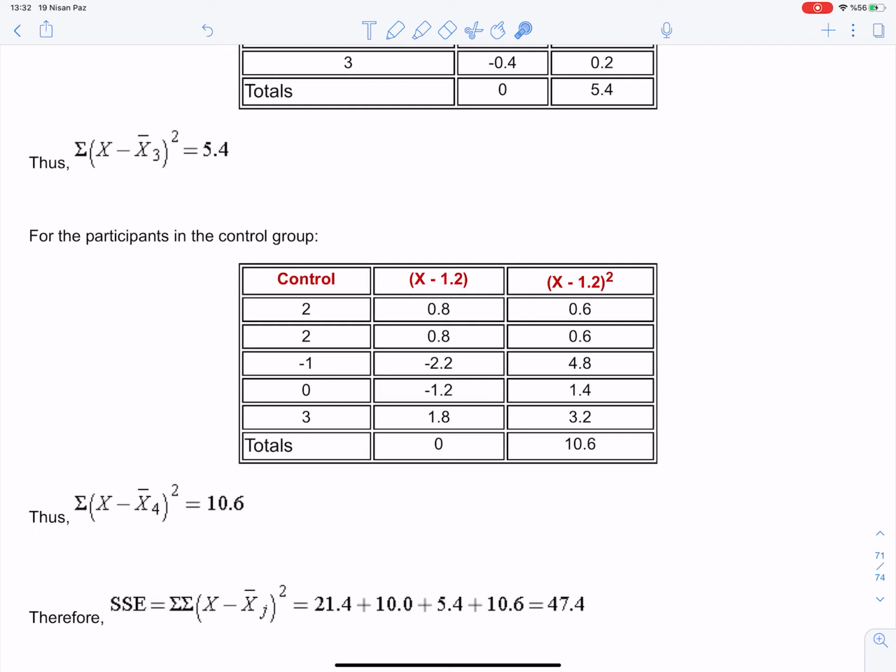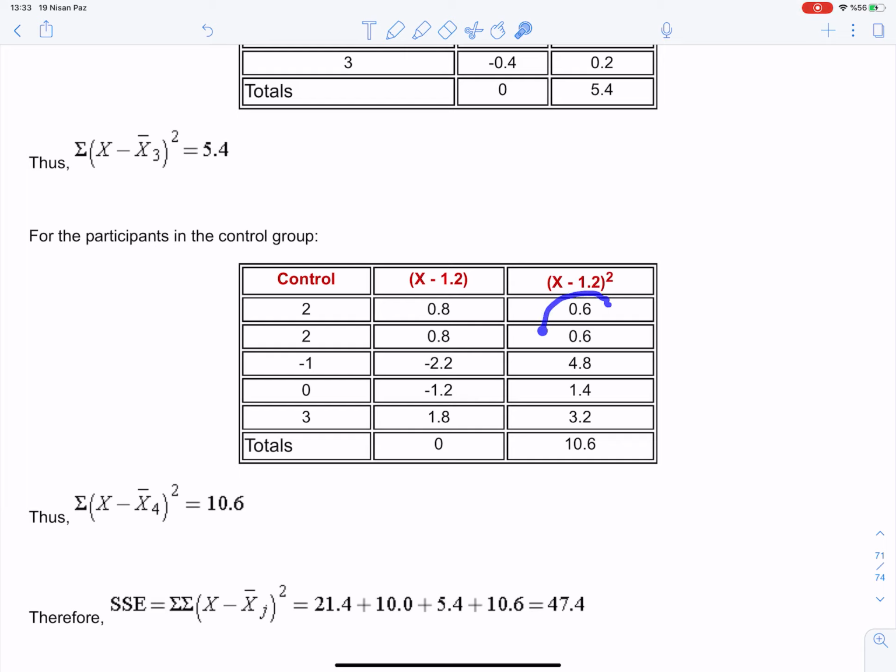The mean was 1.2. 2 minus 1.2 becomes 0.8. 2 minus 1.2 is again 0.8, and minus 1 minus 1.2 is minus 2.2, and 0 minus 1.2 becomes minus 1.2, and 3 minus 1.2 becomes 1.8, and 3 minus 1.2 becomes 1.8.